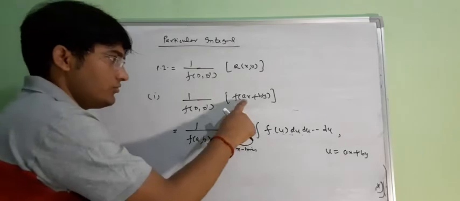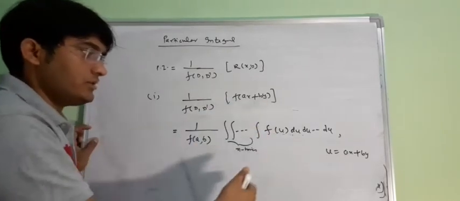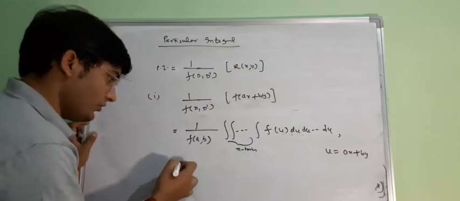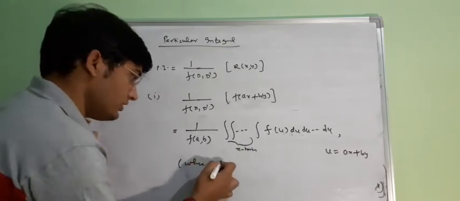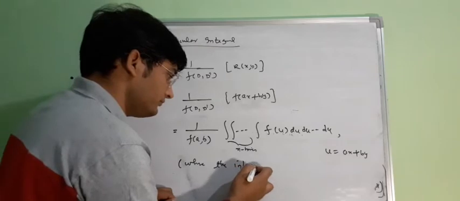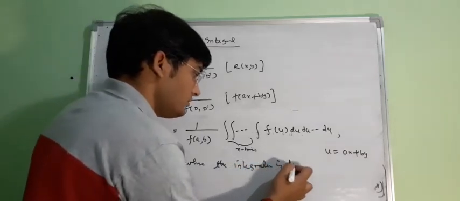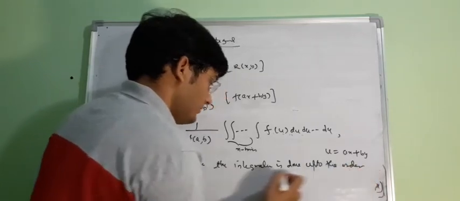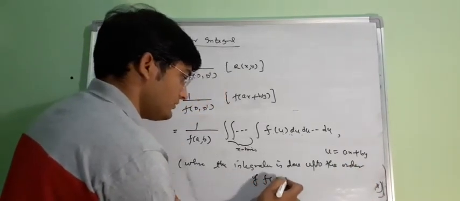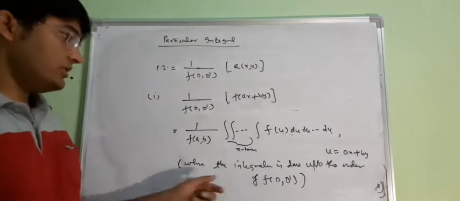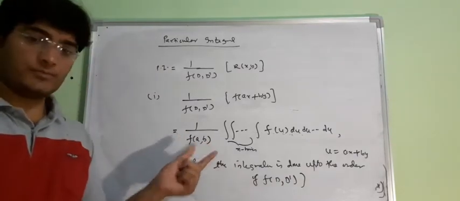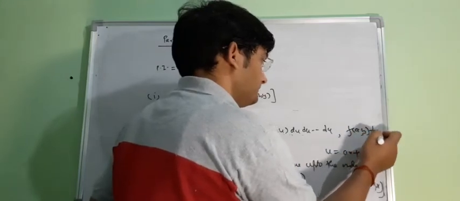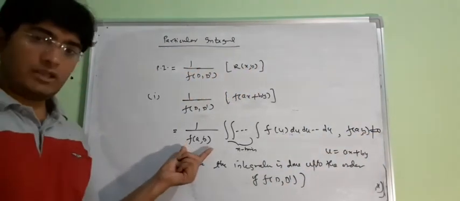But if you assume this one as u, then we will integrate this with respect to u, where the integration is done up to the order of f(D, D dash). Please again note that this f(a, b) has to be non-zero.